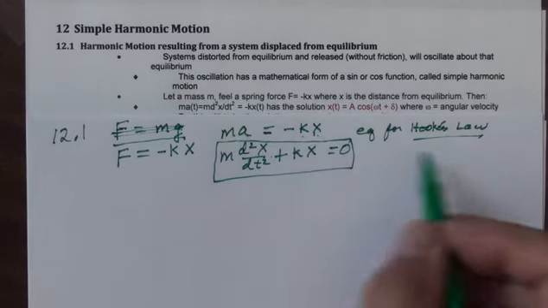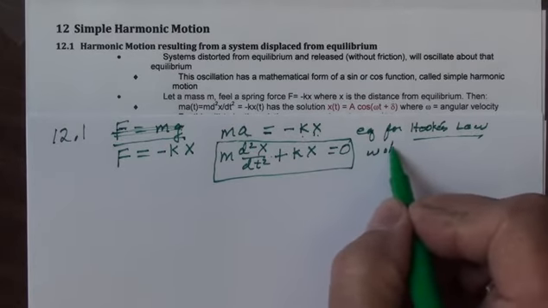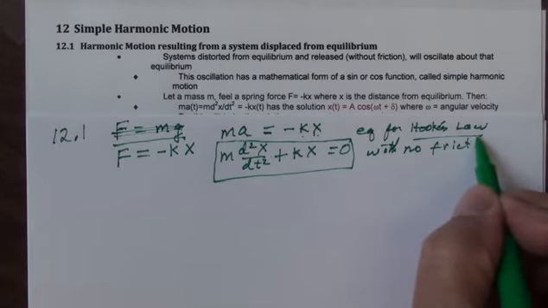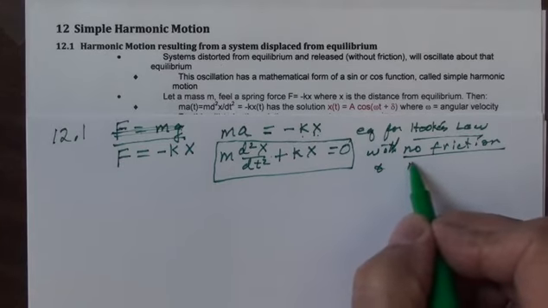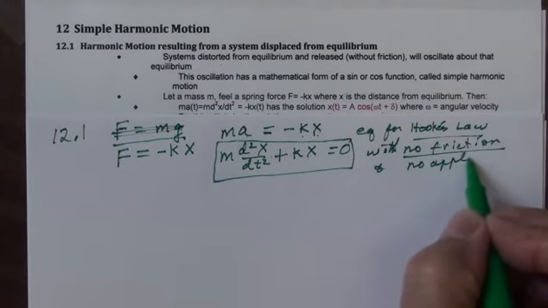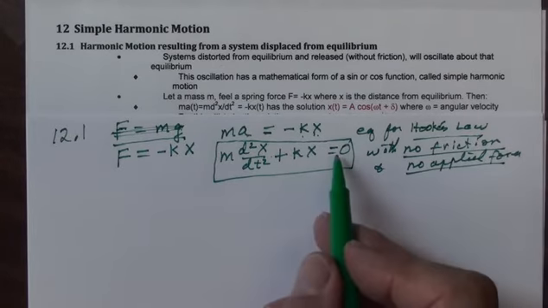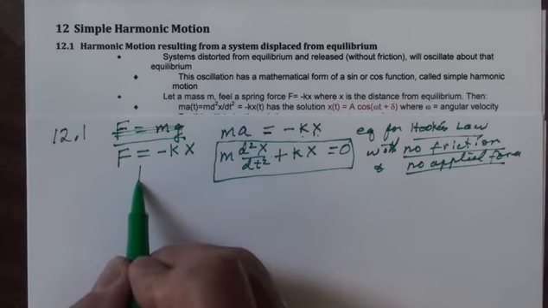Hooke's law, that's a force proportional to the distortion with no friction, and no applied force. In other words, we're not going to apply any other force to this other than the force of the spring. Now, what would this apply to?